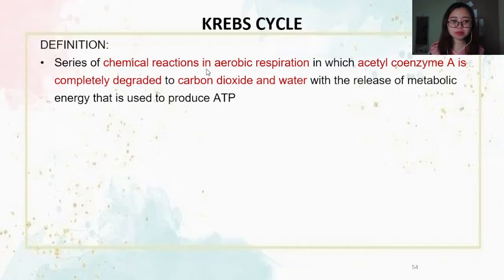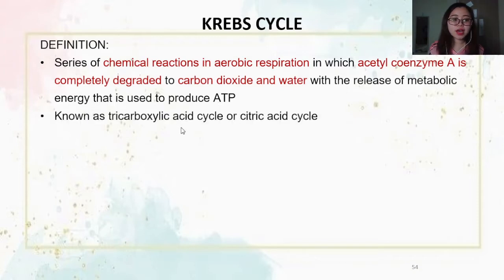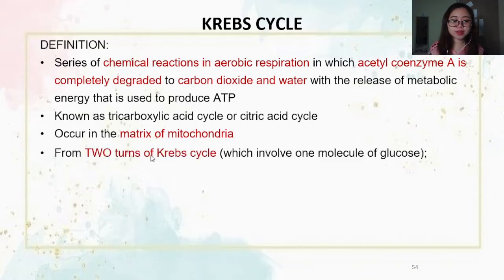The Krebs cycle can also be known as the tricarboxylic acid cycle or the citric acid cycle. And this will occur in the matrix of the mitochondria.